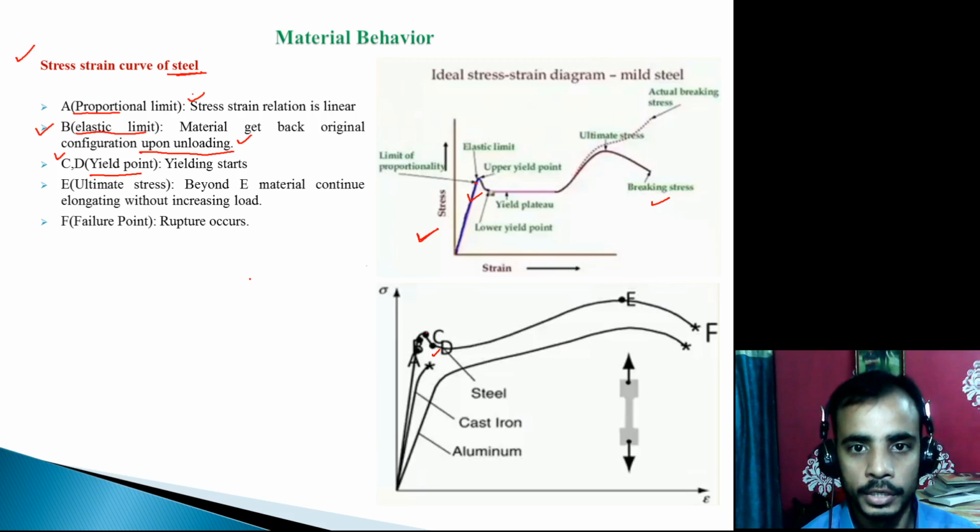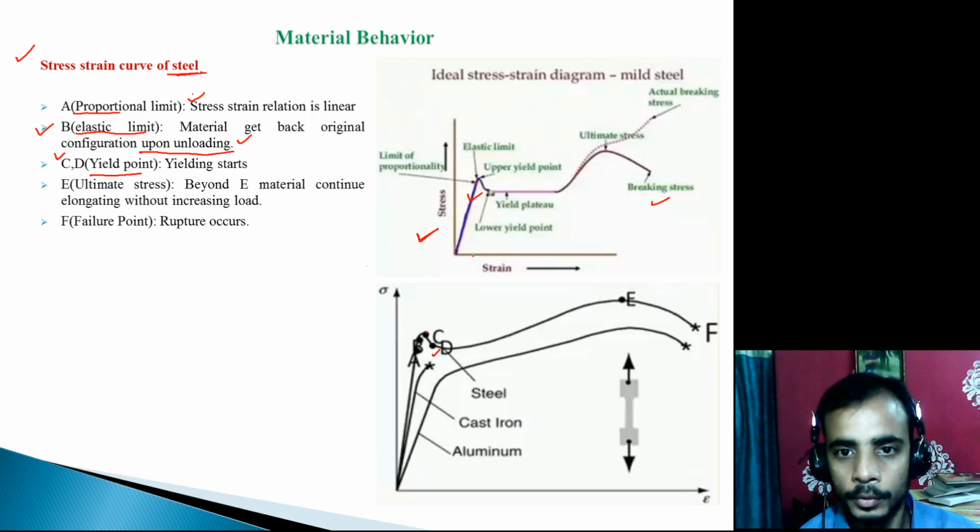And after the elastic limit, if you increase the strain value, there is a decrease in stress value, and the stress decreases up to a point, that is your lower yield point. That means at the upper yield point the material starts yielding, and it continues to the lower yield point.